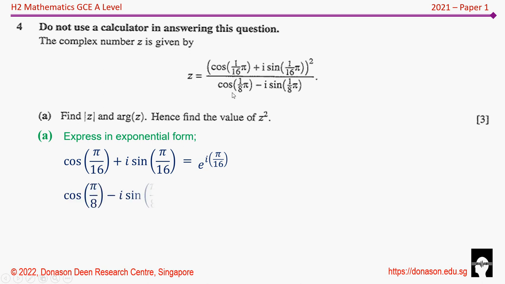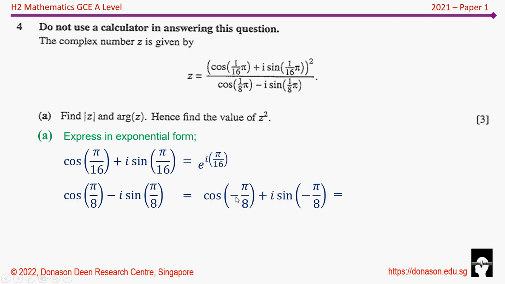Now let's do the same thing with the denominator. This also has a modulus of 1, so the magnitude of this is also 1, and the argument is pi over 8. Because this is a minus, we can convert the argument into a negative angle.